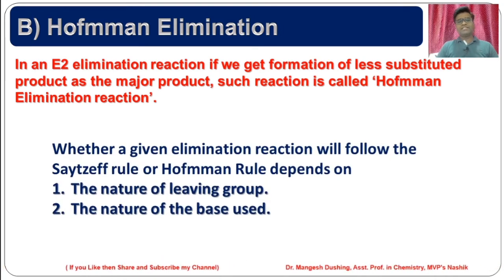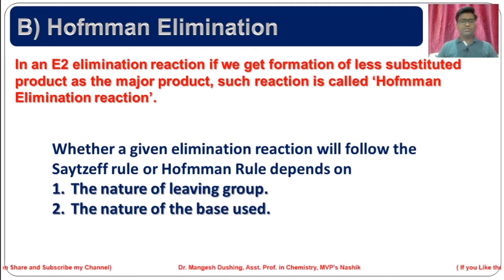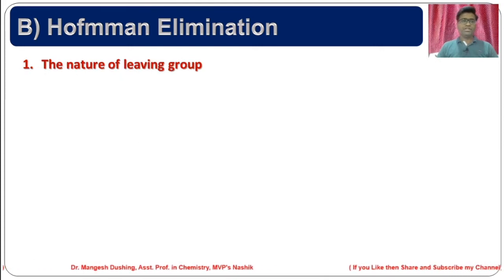Whether a reaction will follow the Saytzeff rule or the Hofmann rule depends upon two factors: the nature of the leaving group and the nature of the base used for the elimination. First we will learn about the nature of the leaving group.